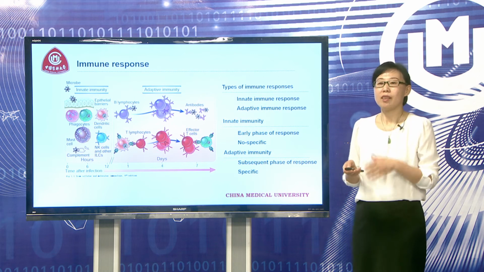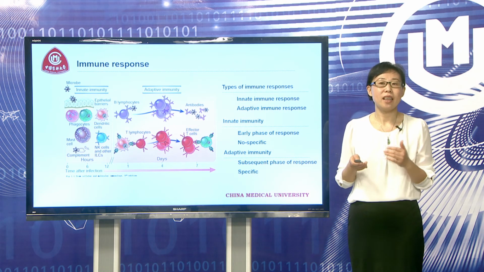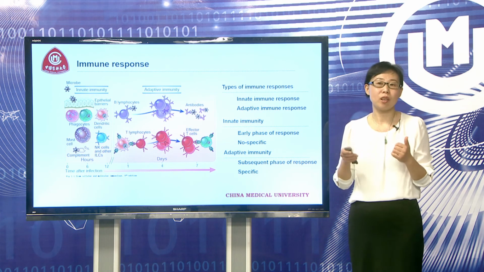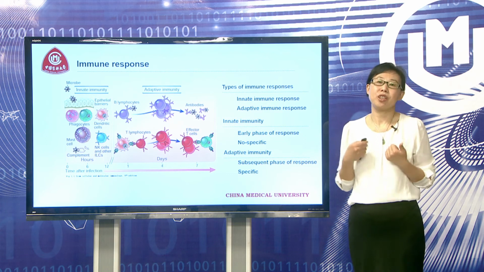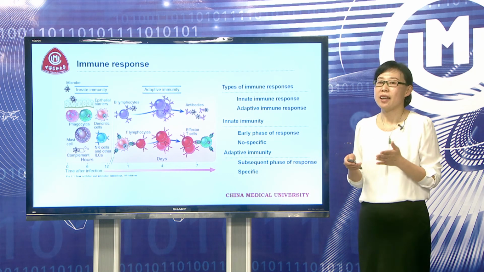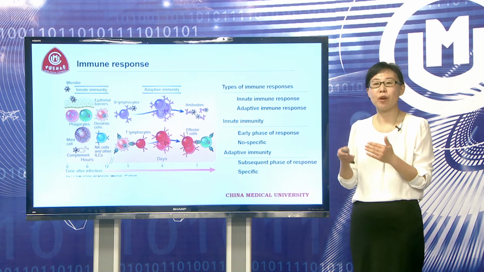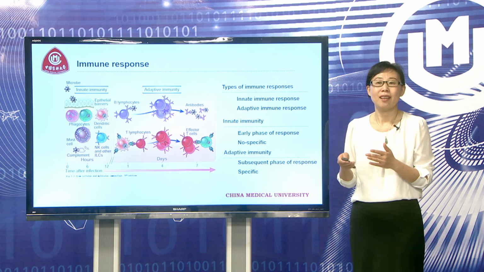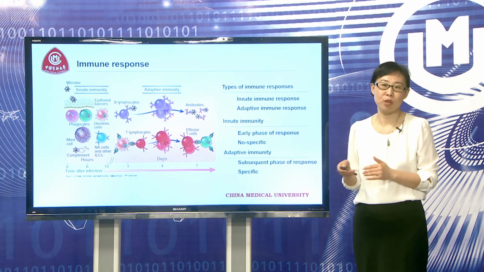Adaptive immunity and innate immunity don't work independently. They need to cooperate with each other. On one hand, the innate immunity can release the stimulatory signal to activate T lymphocytes, which are very important effector cells in adaptive immunity.